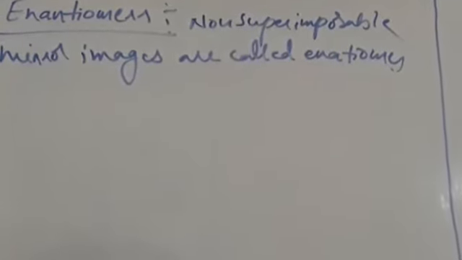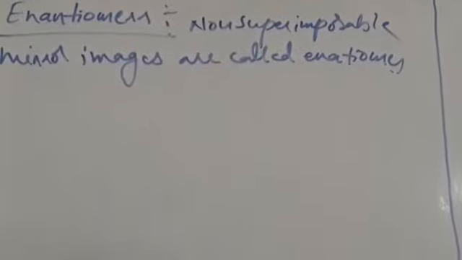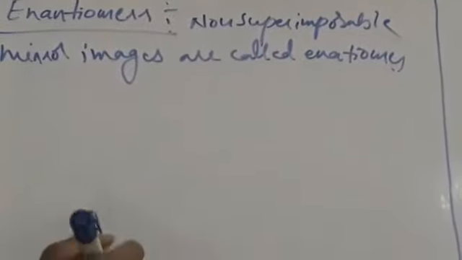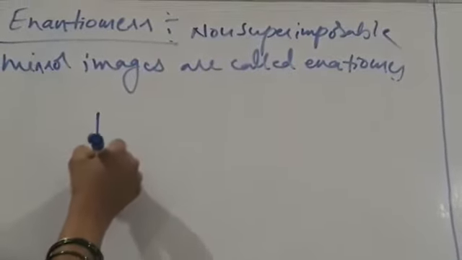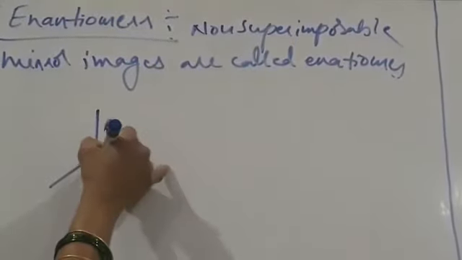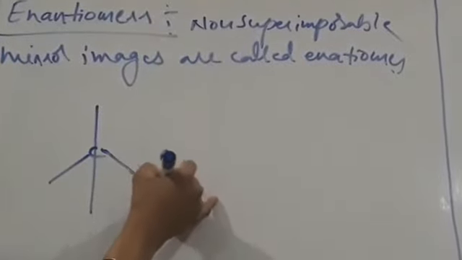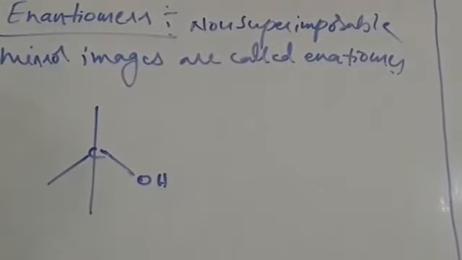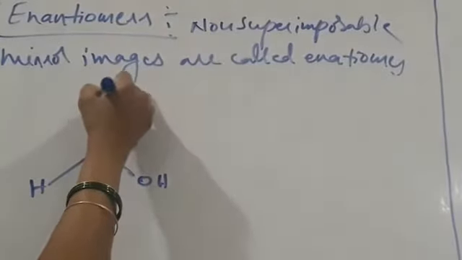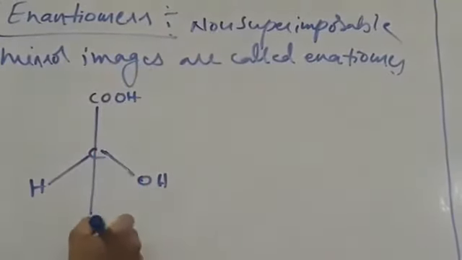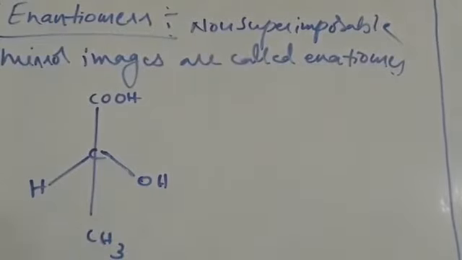Coming to dextro and levo lactic acid: carbon, OH group, hydrogen, COOH, CH3. This is the structure of lactic acid.